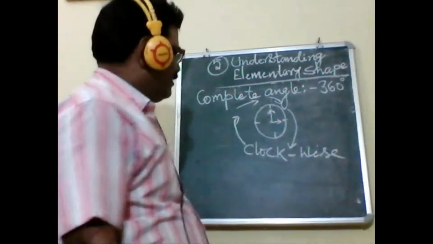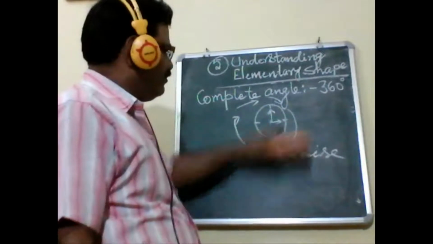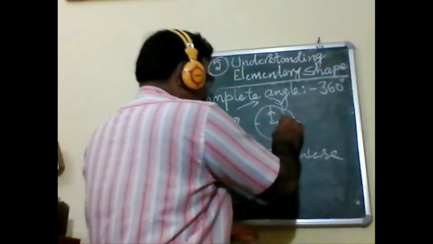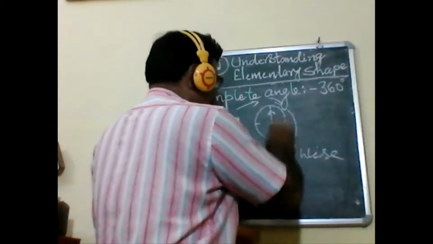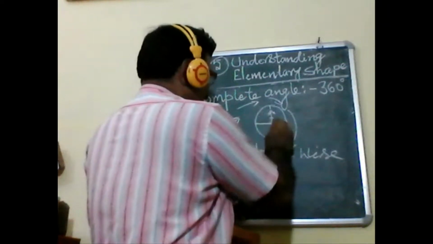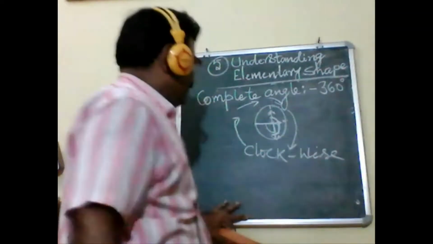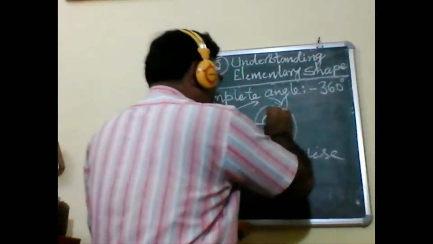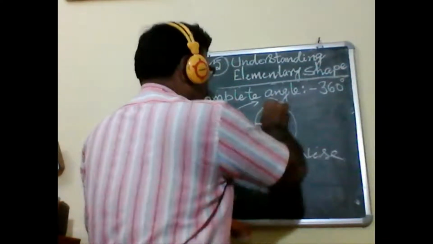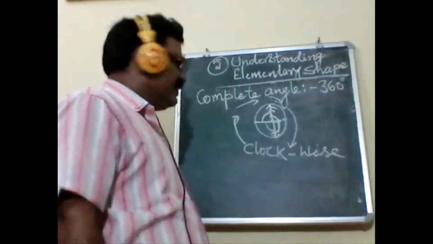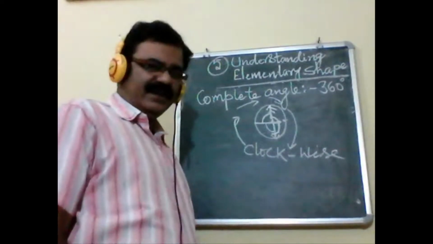In the clockwise direction, in every movement you can see that this angle is 90. If it comes here, it is a straight angle. After that, this angle is reflex, and then it is completed when both hands are together. So these are the movements in the clockwise direction.